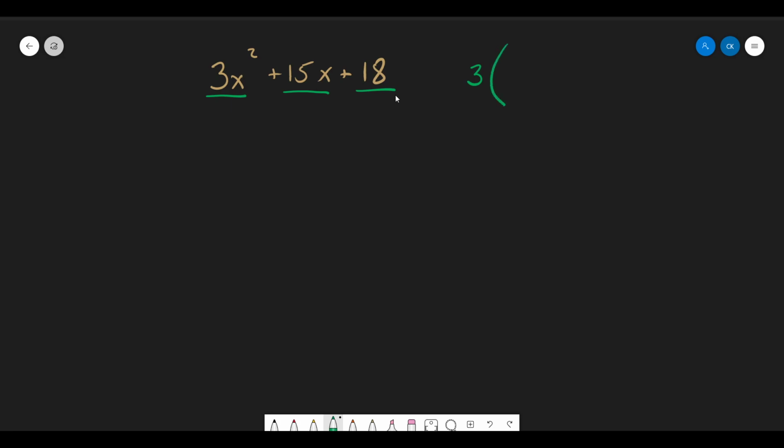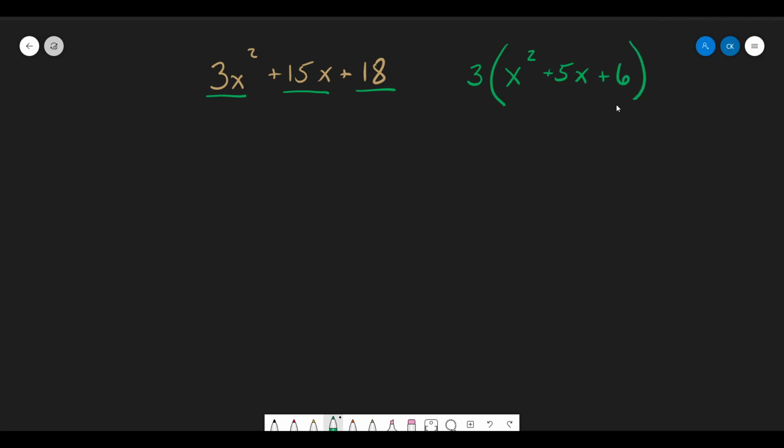When I factor out a 3, I take each term and divide it by 3. 3x squared divided by 3 gives me x squared. 15x divided by 3 gives me 5x. 18 divided by 3 gives me 6.